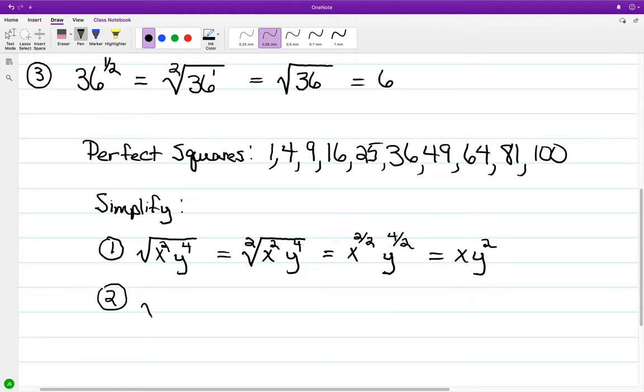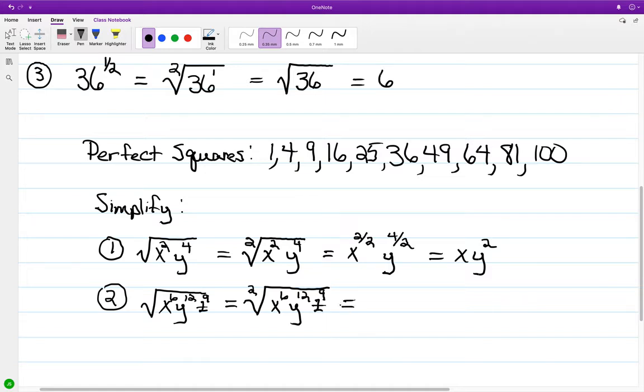Now, let's say we have the square root of x to the 6th, y to the 12th, z to the 9th.